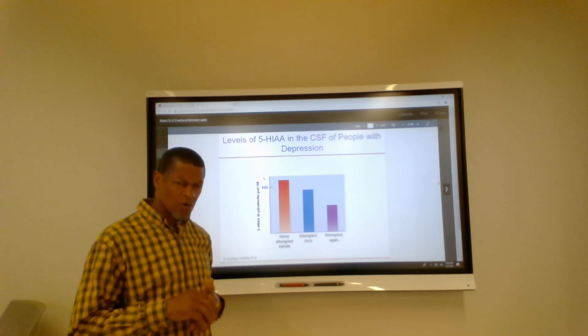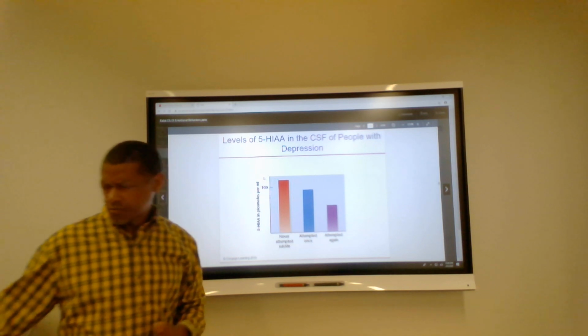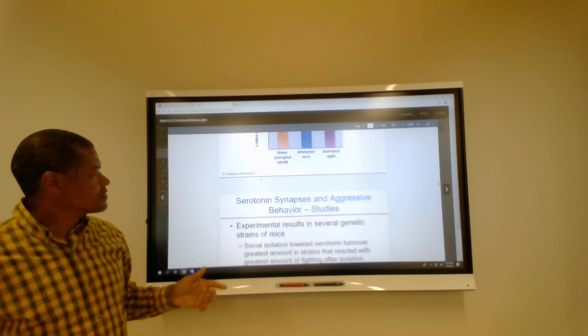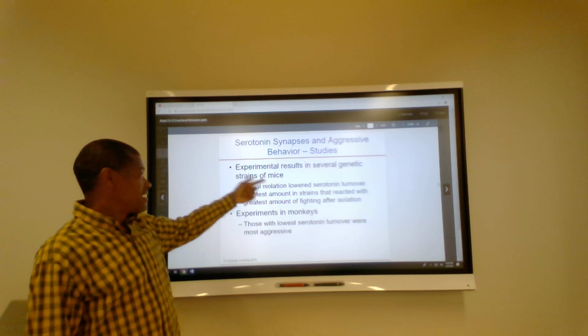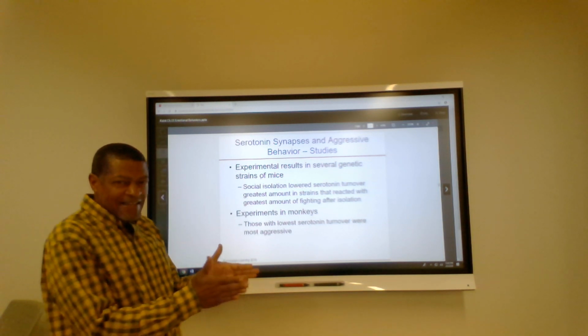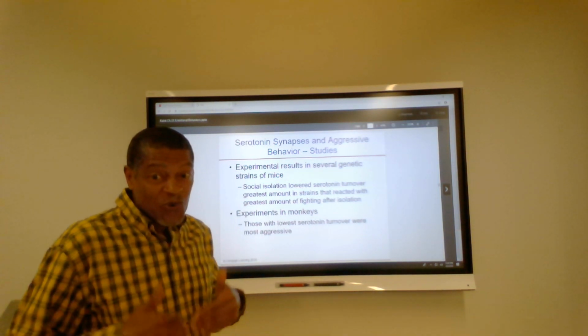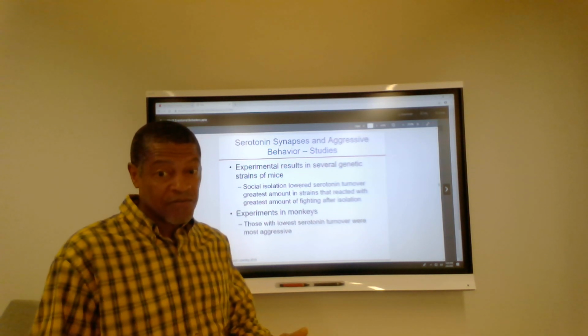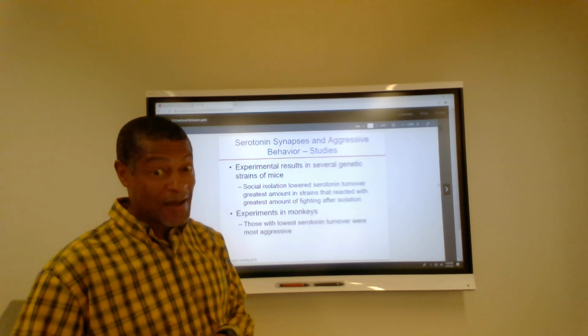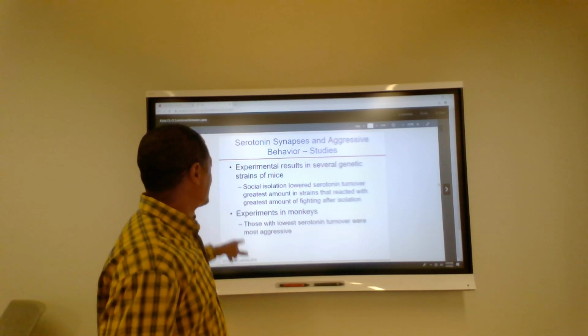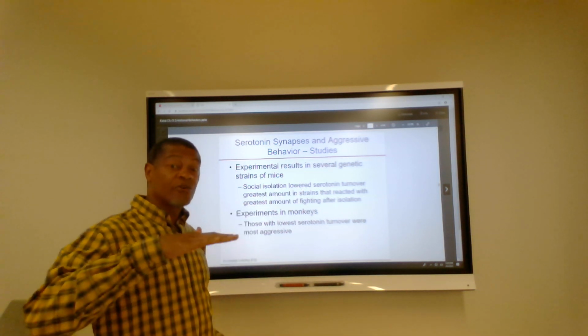So something's going on with the processing of serotonin. That's humans. In animal studies, it has been shown that animals who are socially isolated by themselves, which is always a way to prime them to be more aggressive, show changes. When you think about this whole pandemic, we're all isolated by ourselves. Social isolation lowers serotonin turnover.